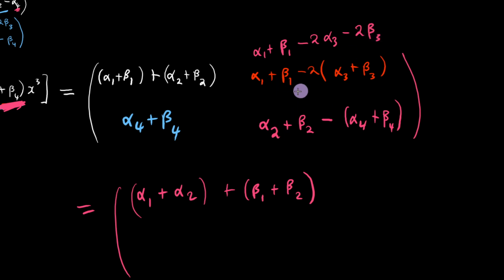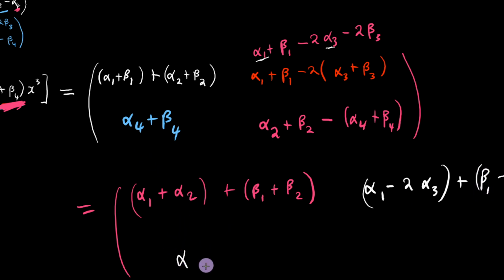So here, this is what you always do. You group the similar parts. In this case, you group alpha and alpha. So it will be alpha 1 minus 2 alpha 3 plus beta 1 minus 2 beta 3, like that. Then we go here, so this is already grouped.